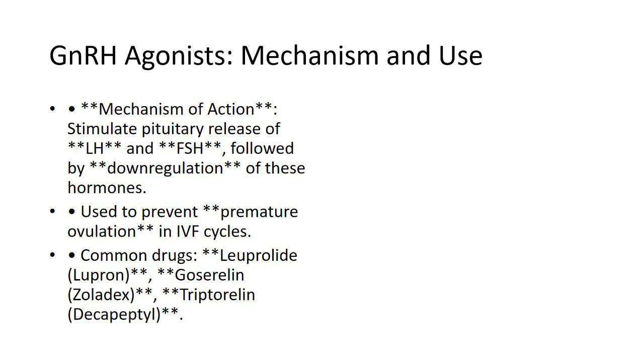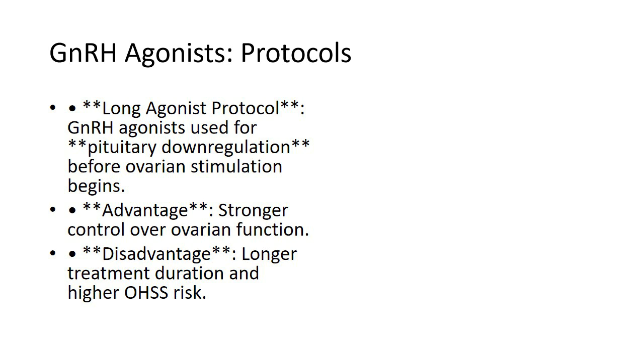2. GnRH agonists in ART. Mechanism of action: initially stimulates FSH and LH release, the flare effect. Prolonged use leads to pituitary desensitization and downregulation, preventing premature ovulation. Protocols using GnRH agonists.